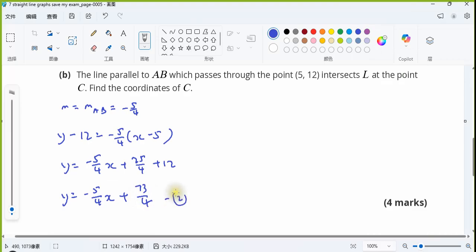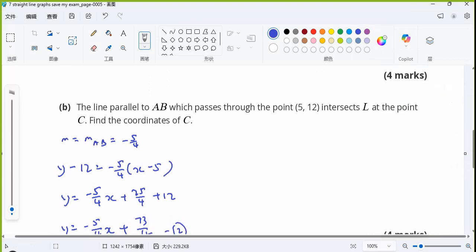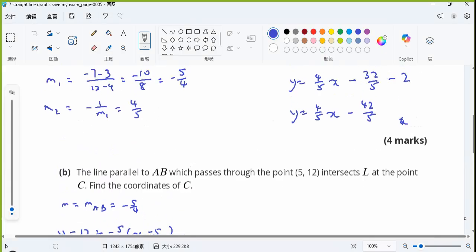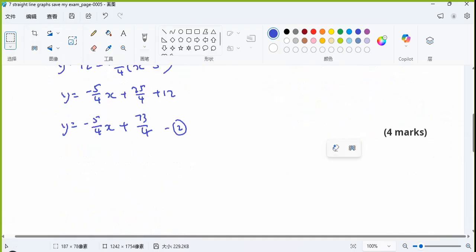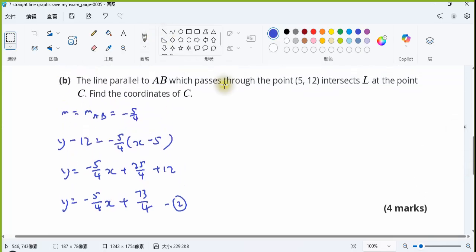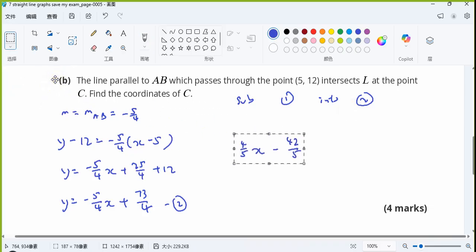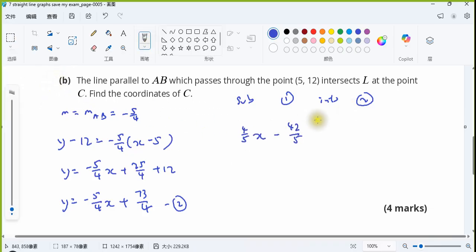So this is equation number 2, and just now, this one is equation number 1. So we substitute equation 1 into equation 2. So this one will equal -5 over 4 x plus 73 over 4.